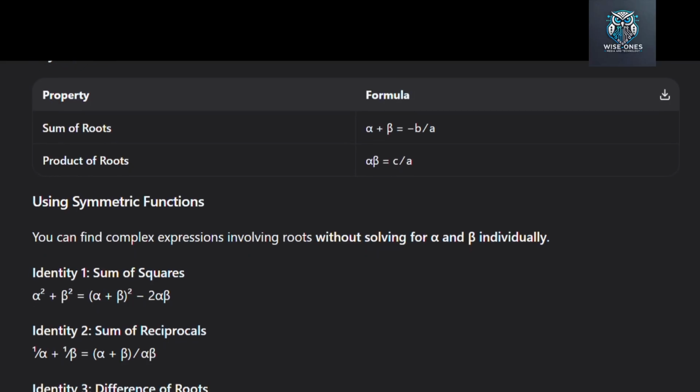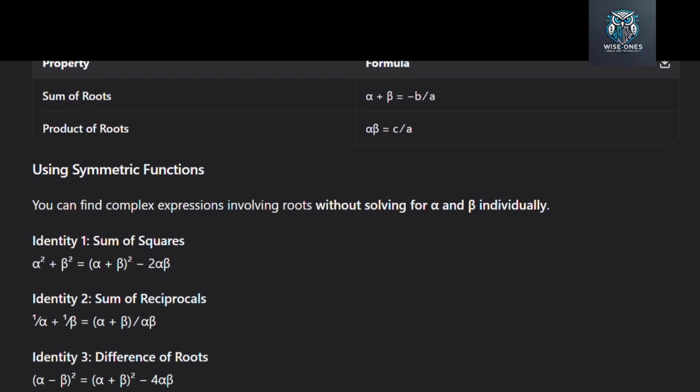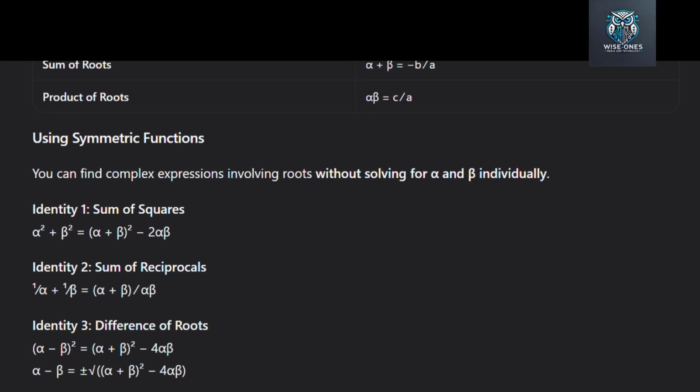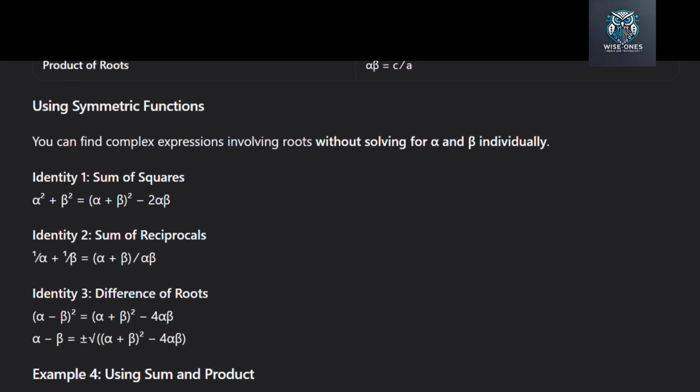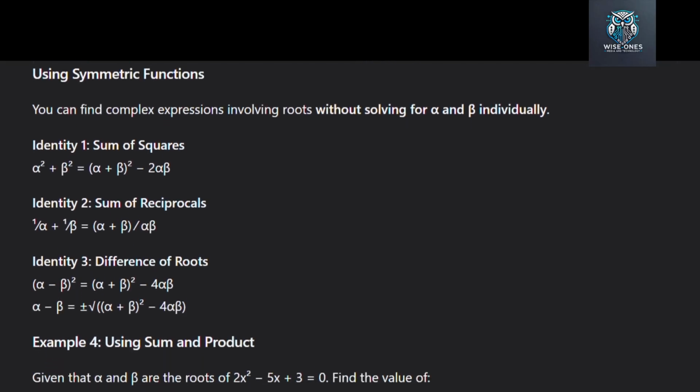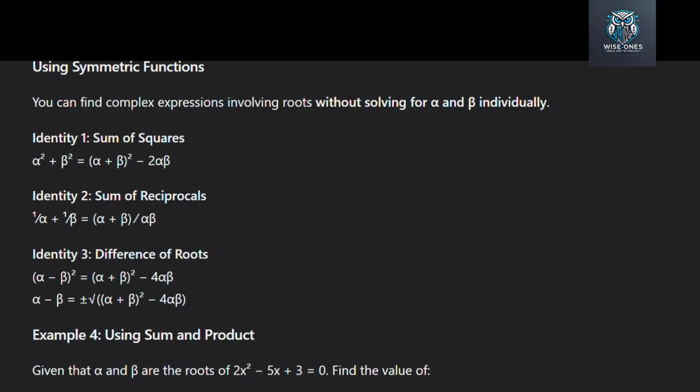Here are some identities. Identity 1. Sum of squares. Alpha squared plus beta squared equals open bracket alpha plus beta close bracket squared minus 2 alpha beta. Identity 2. Sum of reciprocals. 1 over alpha plus 1 over beta equals open bracket alpha plus beta close bracket divided by alpha beta.